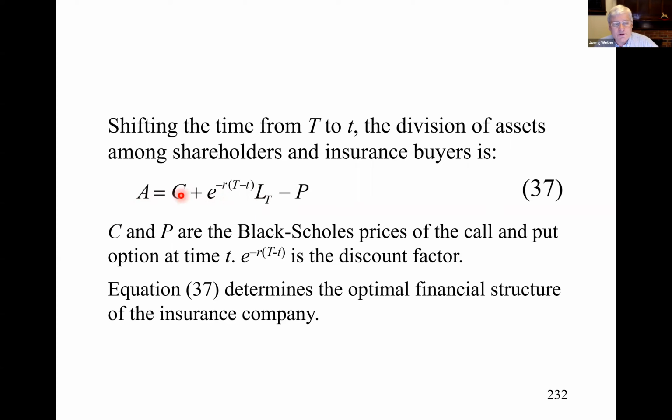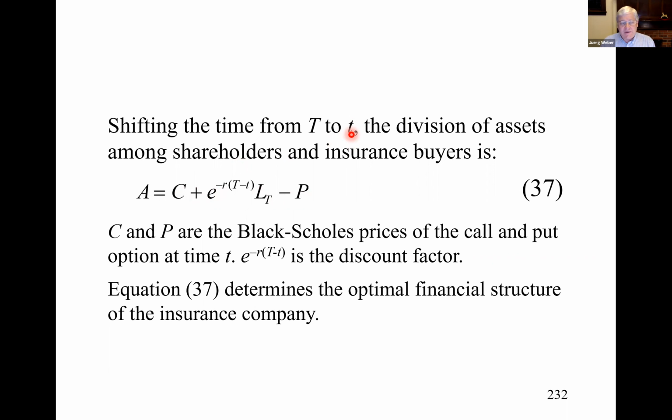And the call options and the put options, anyway, those Black-Scholes prices apply to time small t. So everything is now looked at here from the point of view from the beginning when we establish the insurance company.